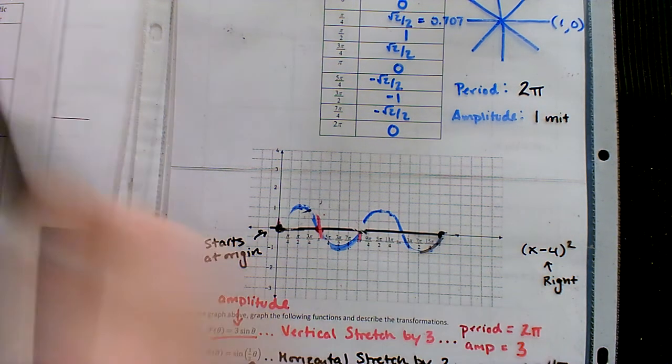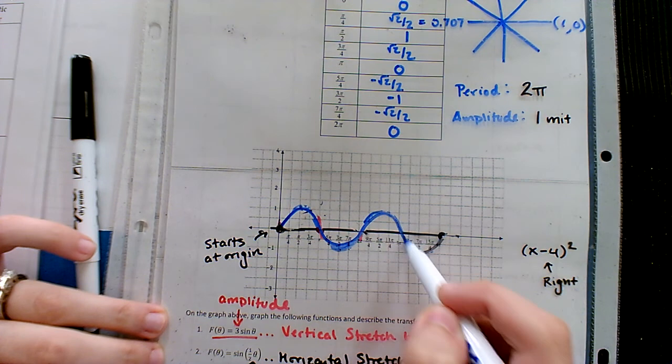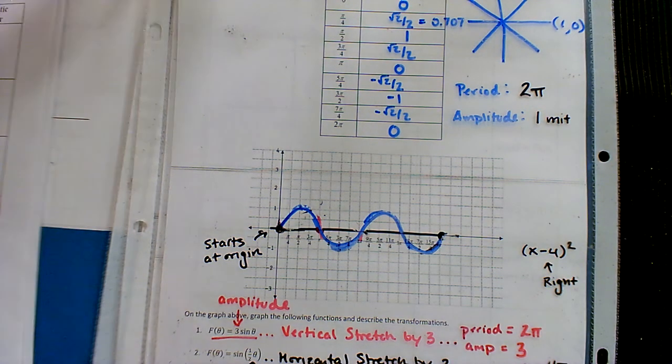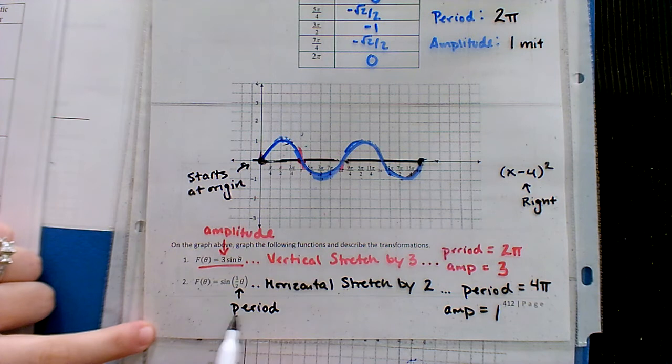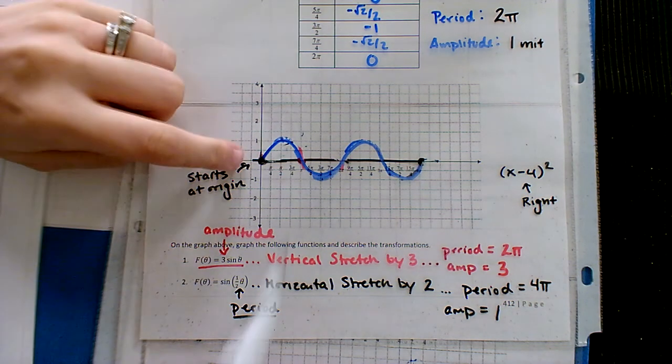Okay. All right, so the blue graph is the original sine one that we started with. What we're going to do is we're going to double the period. We're going to stretch it horizontally. So we're going to pick some points on the blue graph and just double their distances left or right.